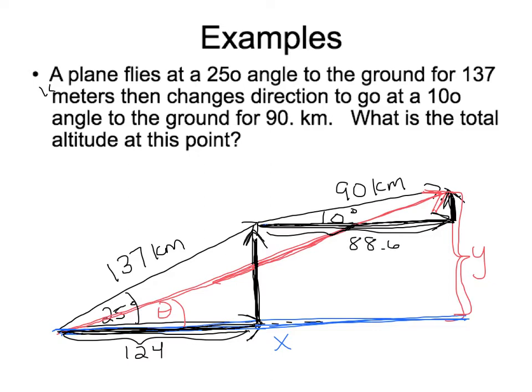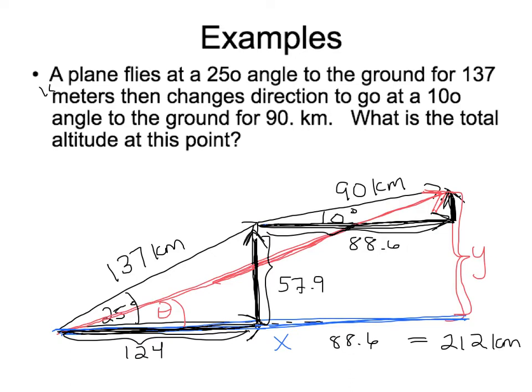Okay, so I'm moving this vector parallel down here. This is also 88.6. So I have a total x direction of 124 plus 88.6. Got a total x of 212 kilometers. As far as y goes, I have the sine of 25 times 137 is 57.9.